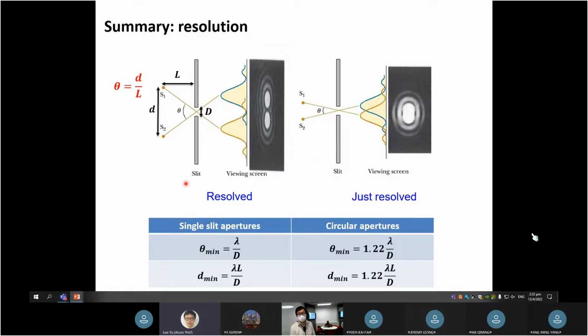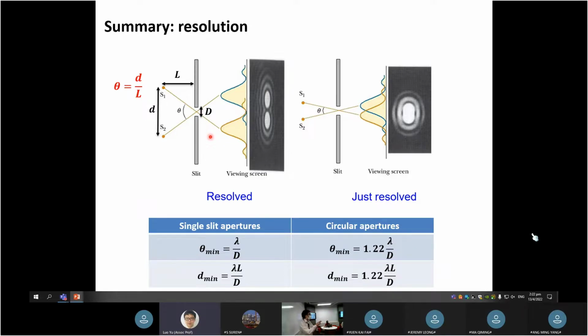Okay, the resolution. For the resolution problem, let me tell you again. When we have a point source passing through any aperture, such as a lens or a mirror, even though it's a point source, its image will not be an infinitely sharp point.